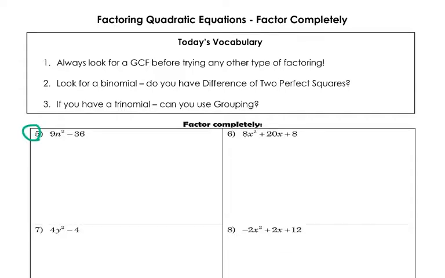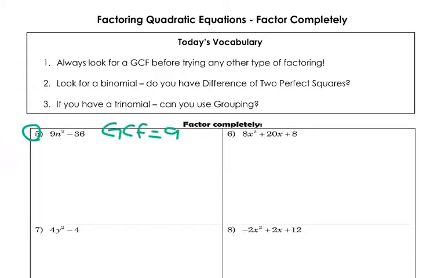Looking at number 5, 9n squared minus 36. Is there a GCF here? Yep, I can take out 9.